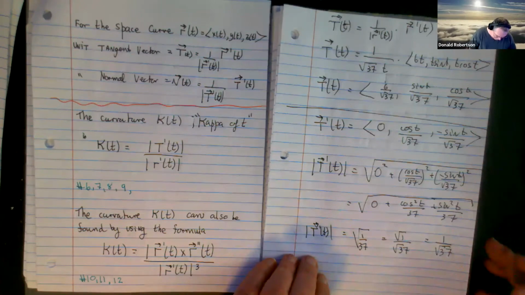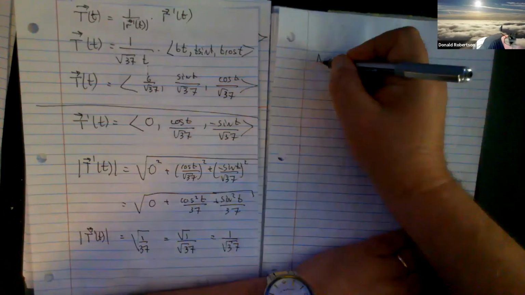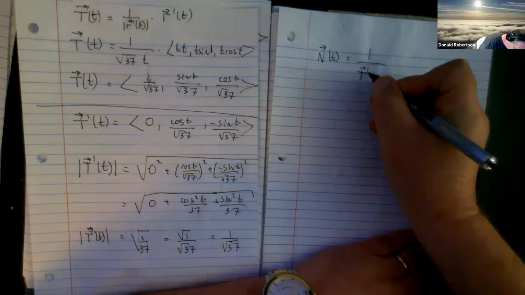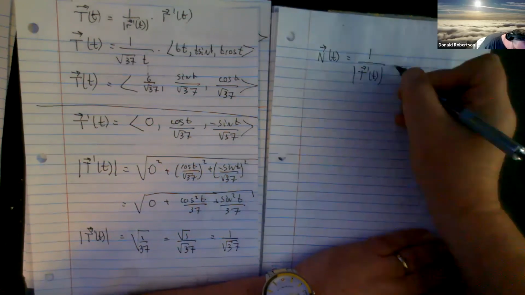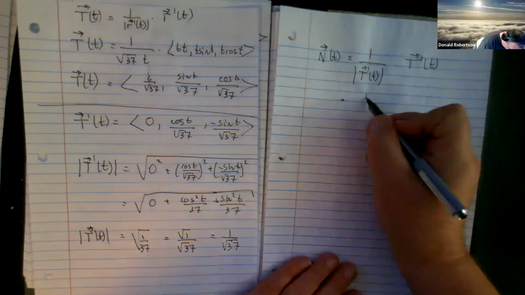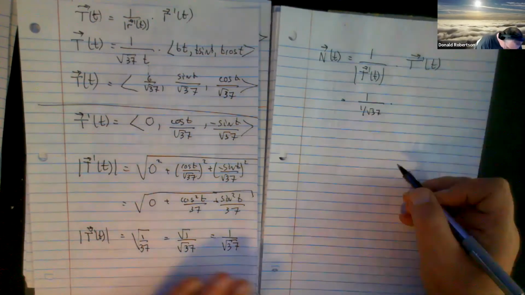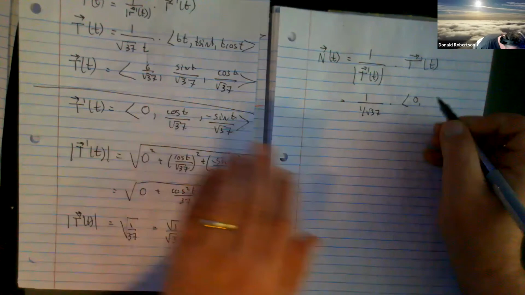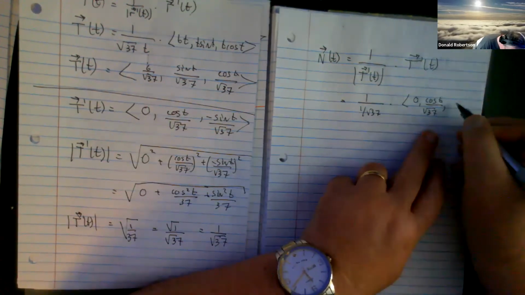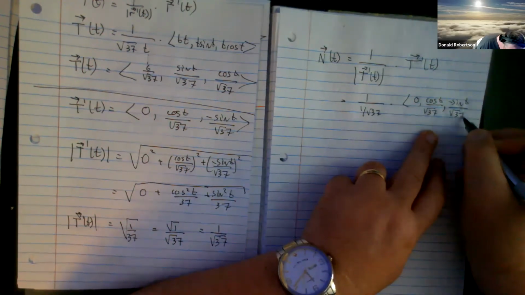Now you put those pieces together and you will now have the unit normal vector. The unit normal vector is 1 over the magnitude of that guy times that guy. So it's going to be 1 over that weird fraction, and T dashed is 0, cosine of t over the square root of 37, negative the sine of t over the square root of 37.